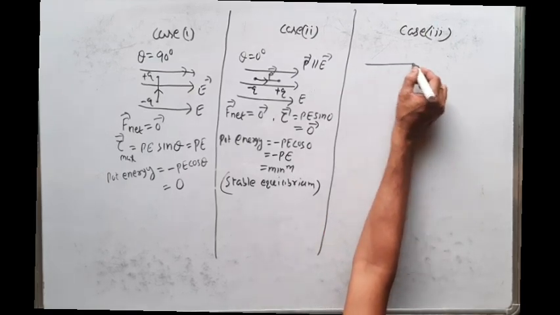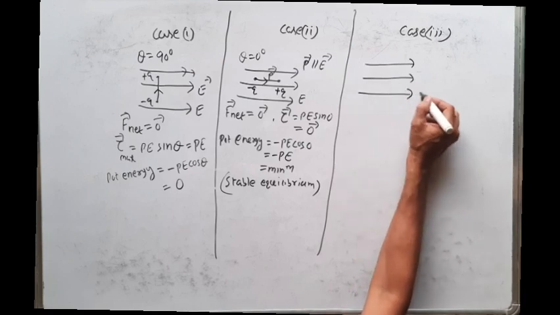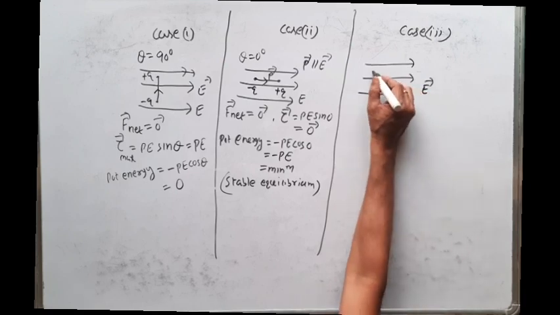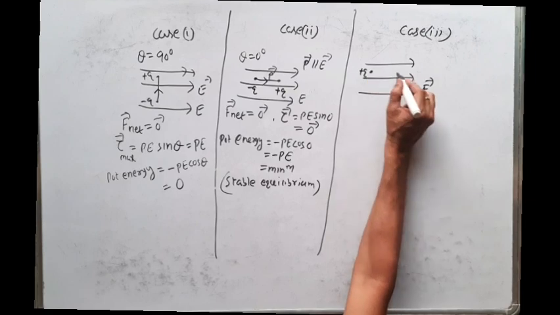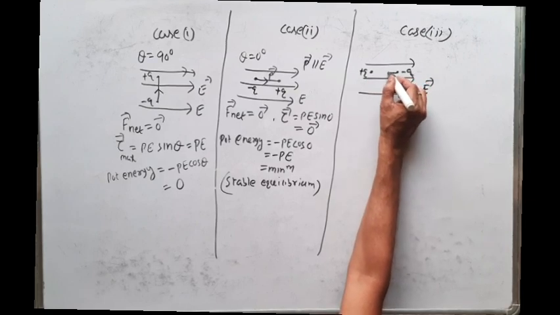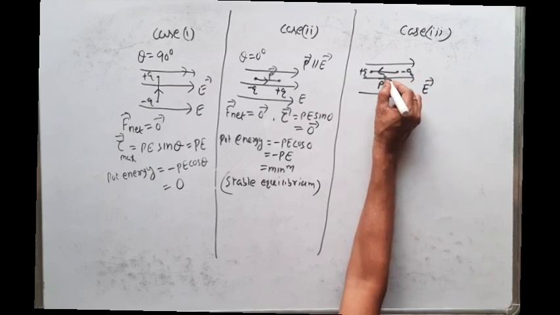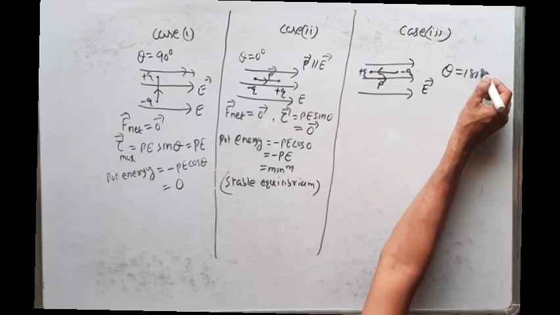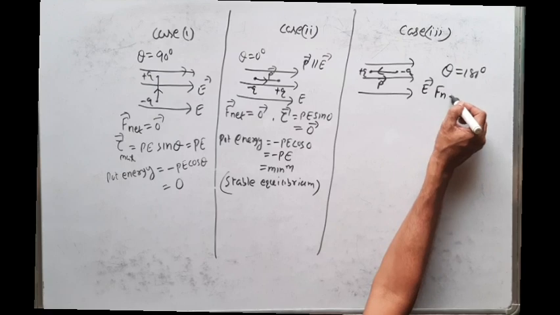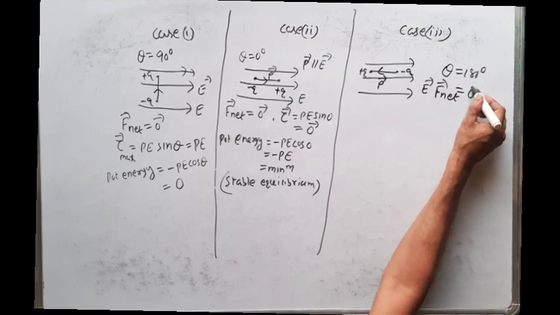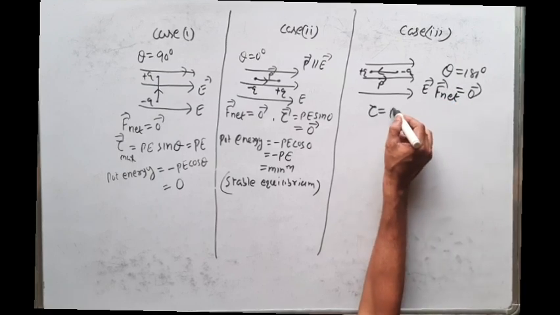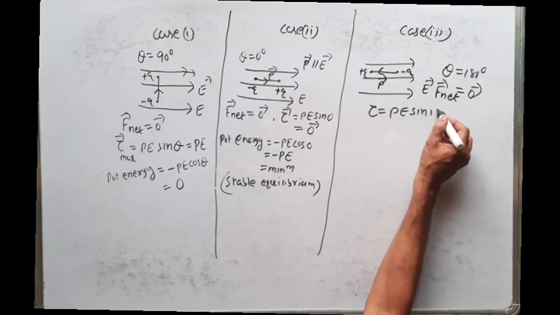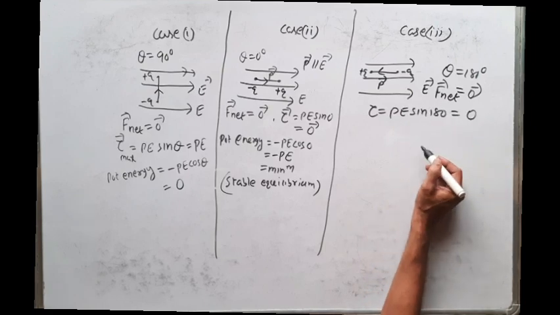Case 3. So here the electric field, let us say this is plus Q, this is minus Q. Here the dipole P vector is opposite to the electric field vector. So theta is equal to 180 degrees. If theta is equal to 180 degrees, net force is always 0. Then what is the torque? Torque is equal to PE sin theta. Theta is equal to 180, so torque is also 0.